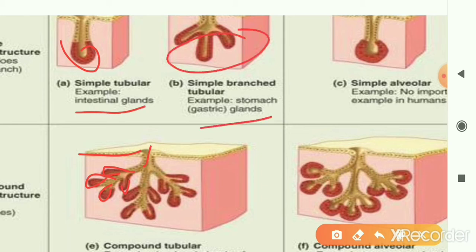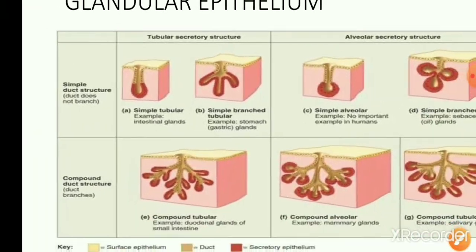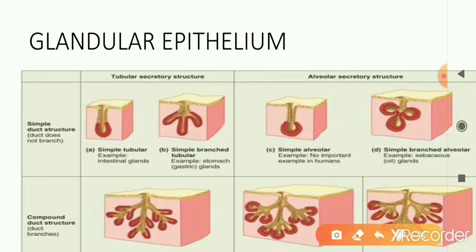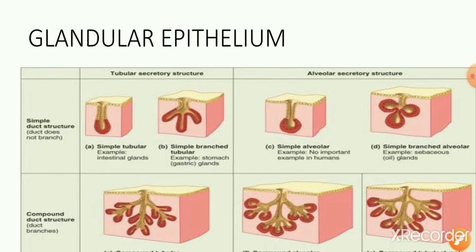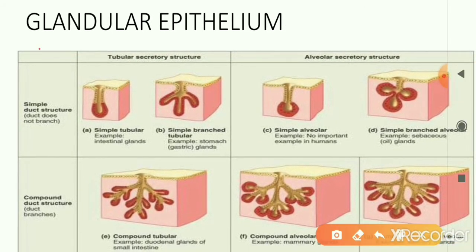Like this is a digestive gland, you've got the intestinal glands, right? These glands produce secretions, and these secretions are poured to the outside, on the outer surface, right? So if the epithelium folds inwards and gets specialized to produce secretions, then it is called glandular epithelium.